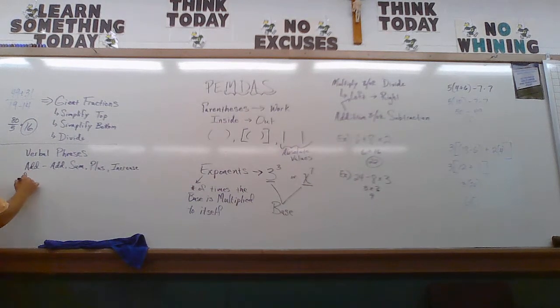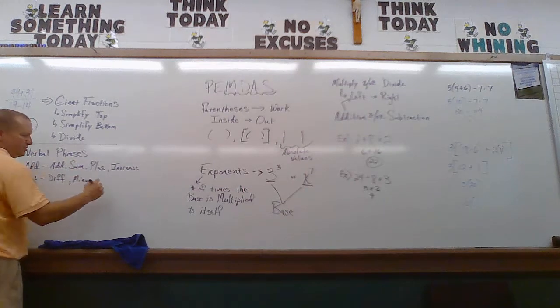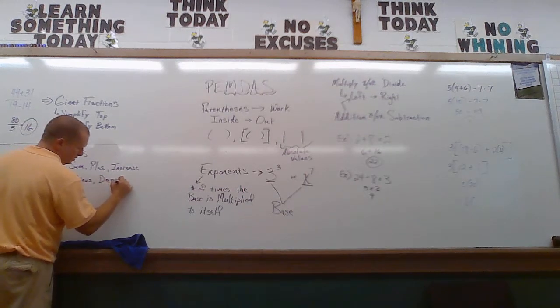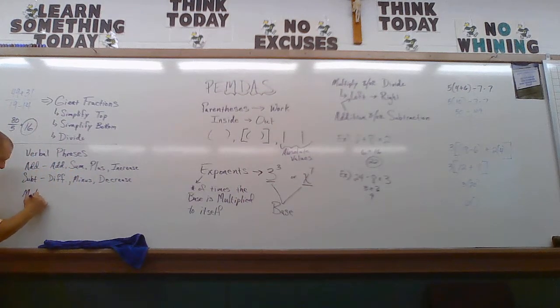So then we can have words for subtraction. Obviously subtract. What's the answer to subtraction? The difference. What's the opposite of plus? Minus. What's the opposite of increase? Decrease. Perfect. And then multiplication and division.